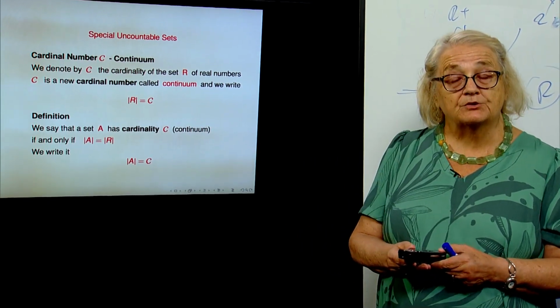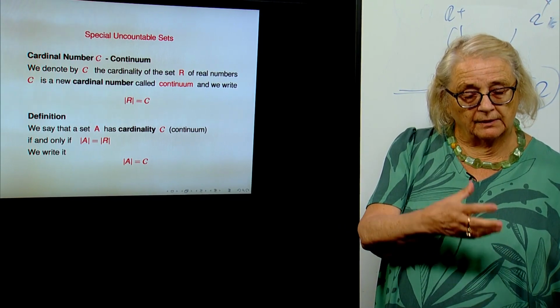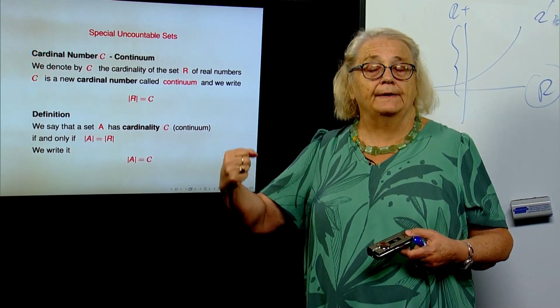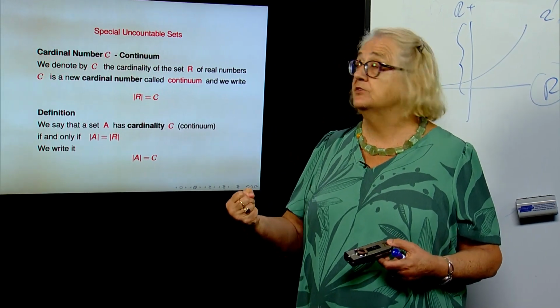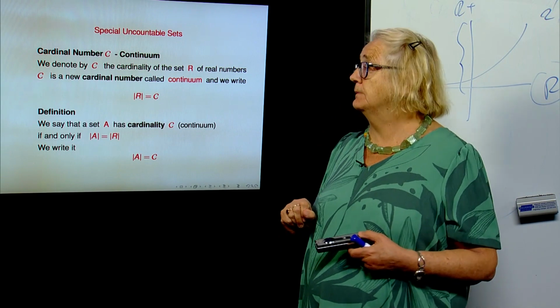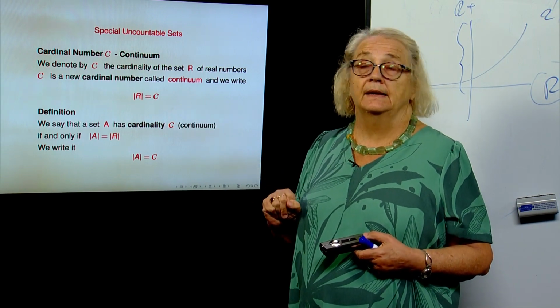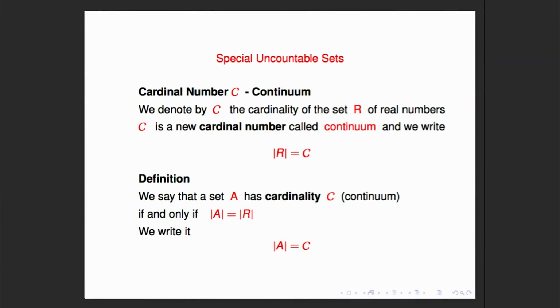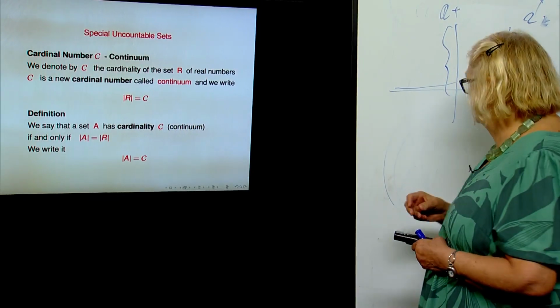Now, so you have countably infinite and uncountable. Real numbers are special uncountable sets, and they have a name. The cardinality of real numbers is called the continuum, C. We say that a set has cardinality continuum if it has the same cardinality as the real numbers. So this is a special cardinal number.